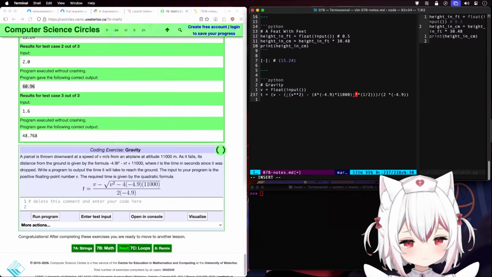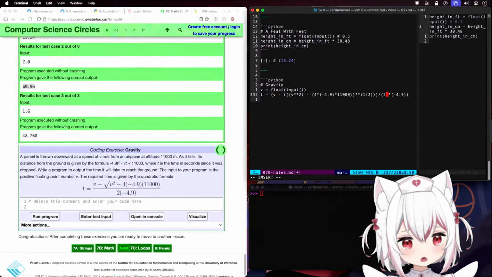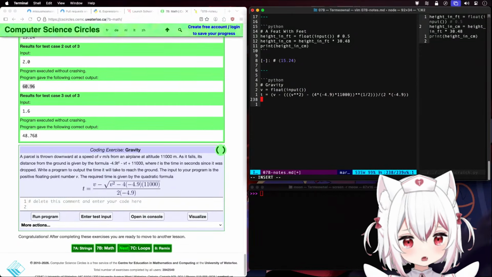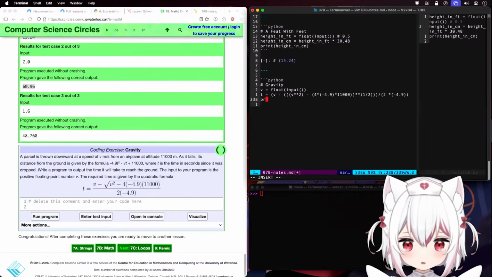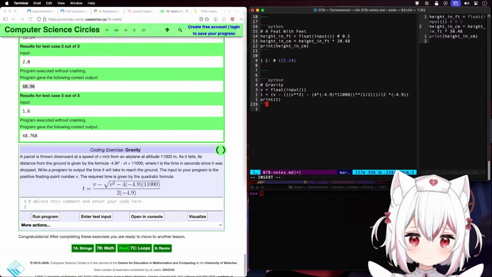And then v minus all of that, and then that difference over 2 times, yeah, this is it. This is the whole problem. And then, your input, output the time it will take. Let's just print t. That is it.